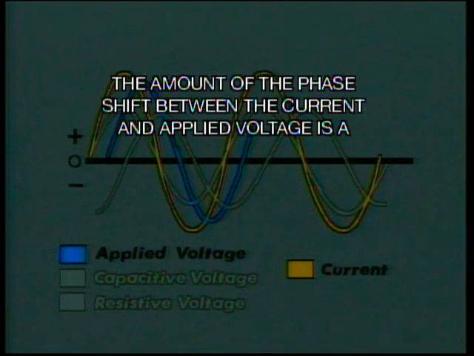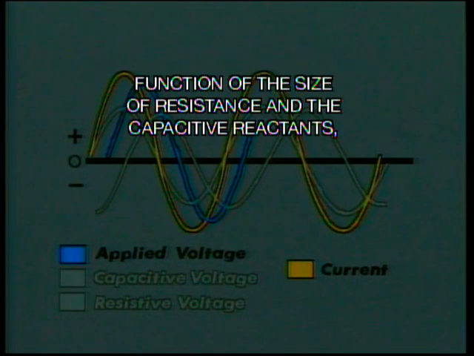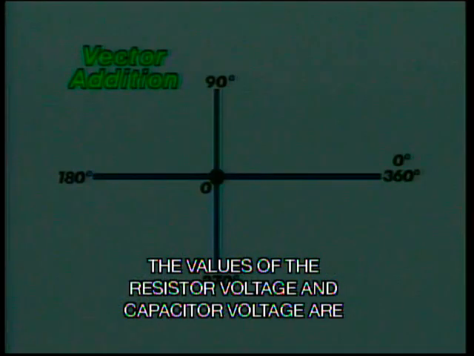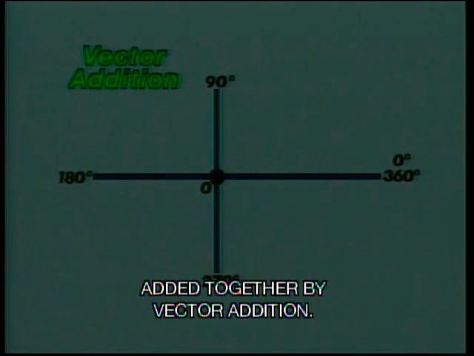The amount of the phase shift between the current and applied voltage is a function of the size of resistance and the capacitive reactance. It is always between 0 and 90 degrees. The values of the resistor voltage and capacitor voltage are added together by vector addition.